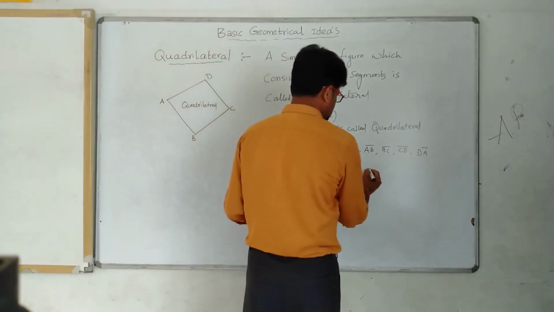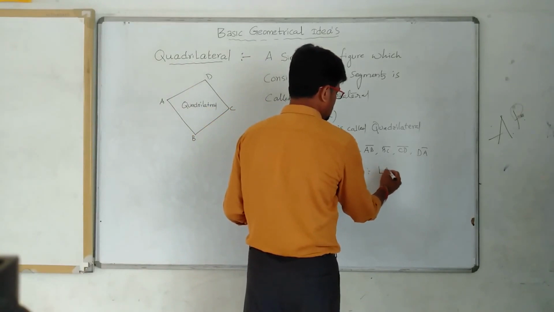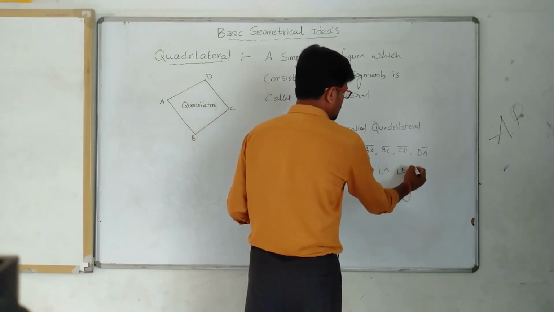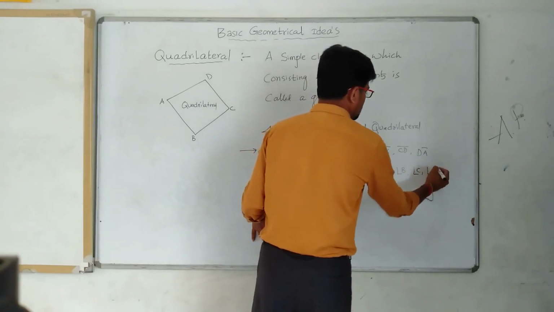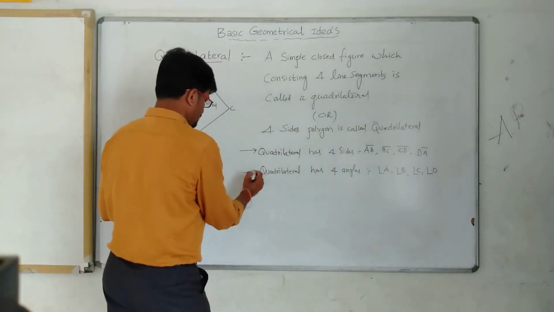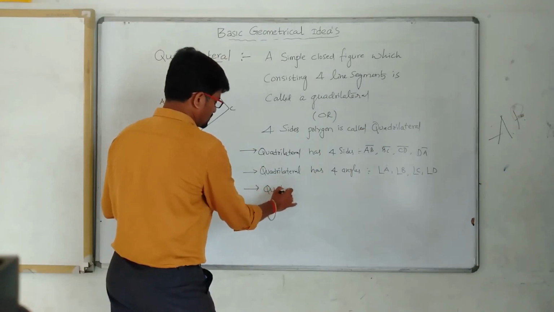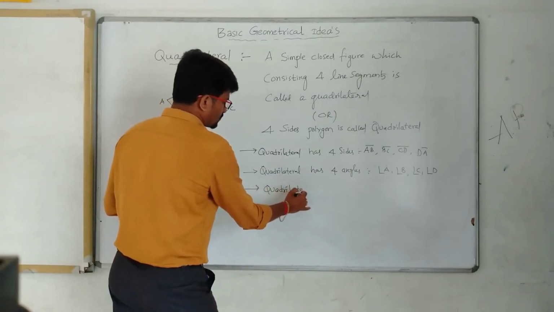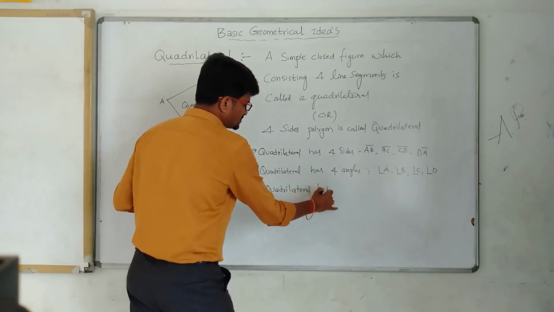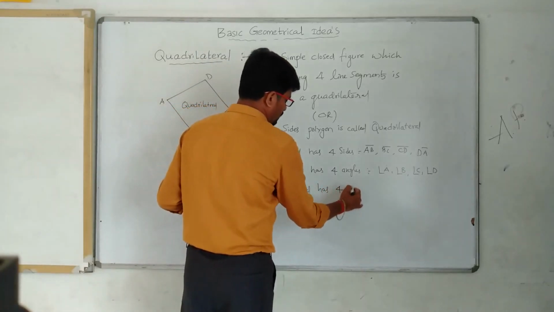That implies angle A, angle B, angle C, angle D. A quadrilateral has 4 vertices.